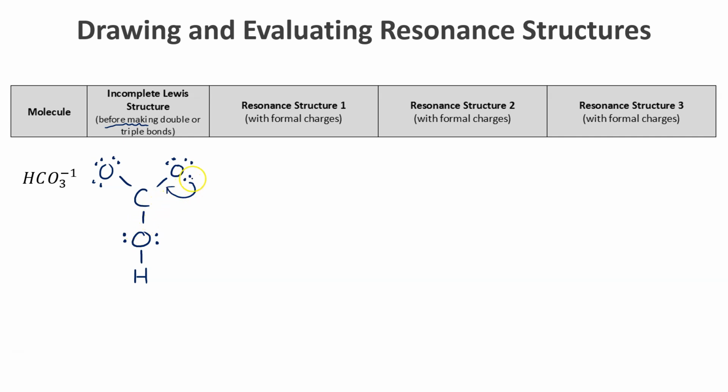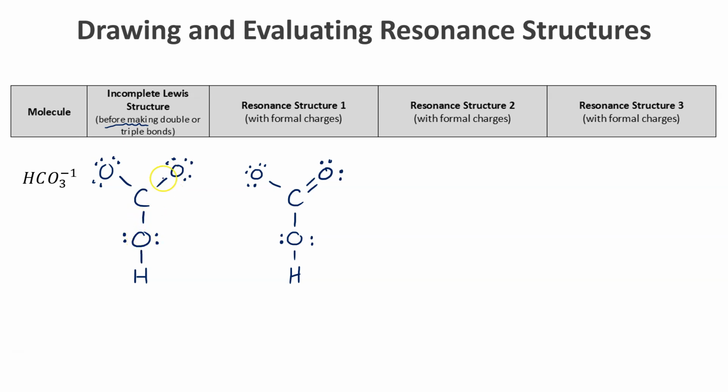If I took this lone pair on this oxygen in the top right hand corner and moved it in to make a double bond in that position, that would give carbon, let's draw that out really quick, the octet that it needs, and that also then is one of the possible resonance structures for HCO3-. But you should notice something about this molecule, and we're going to keep going back to our original incomplete structure.